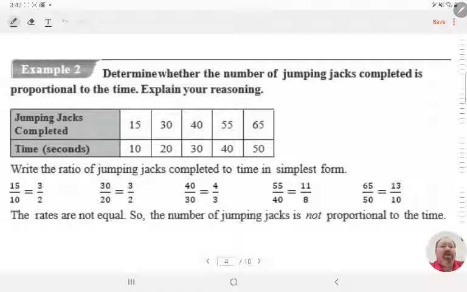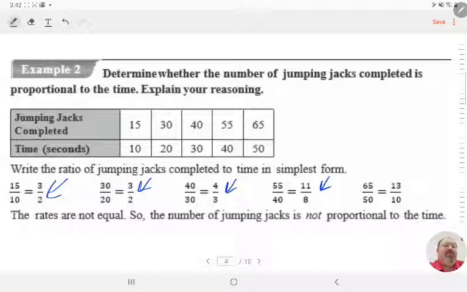Unlike this one. So we take a look and determine the number of jumping jacks completed is proportional to the time. Well, we could say 15/10. We simplify that down to 3/2. 30/20, we simplify down to 3/2. 40/30 is 4/3. And 55/40 is 11/8.